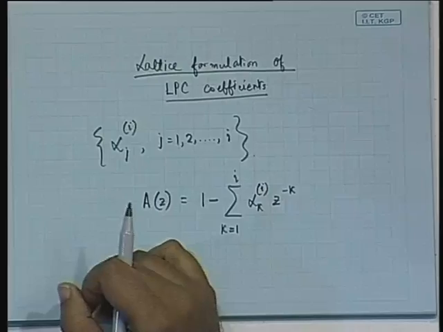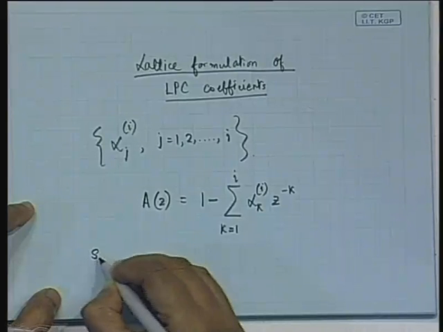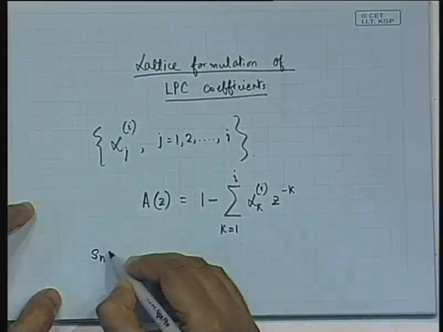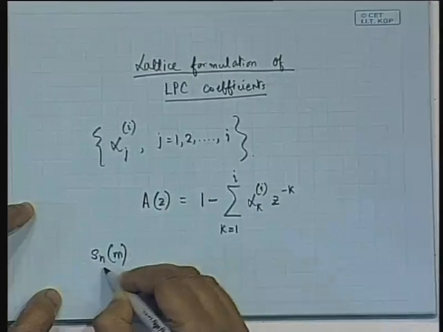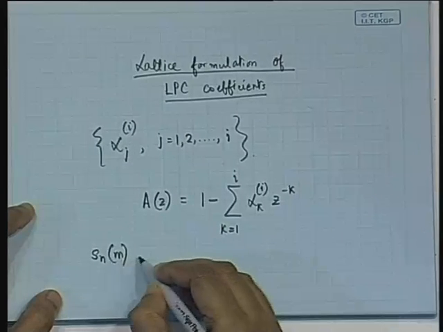Now, if we give a speech segment as an input to this filter, what would you expect at the output of that filter? This is a filter realized out of the prediction coefficients, and the input is the speech segment, which we write as S suffix n of m.